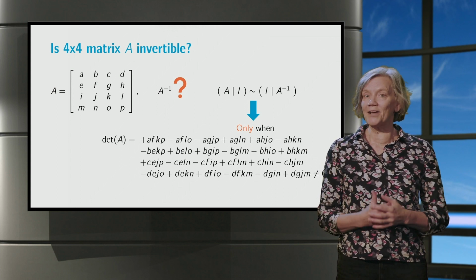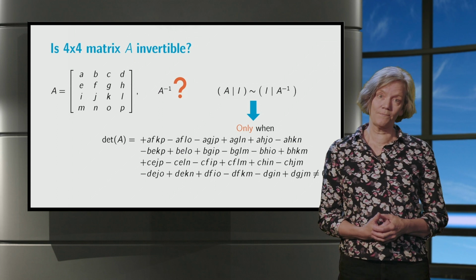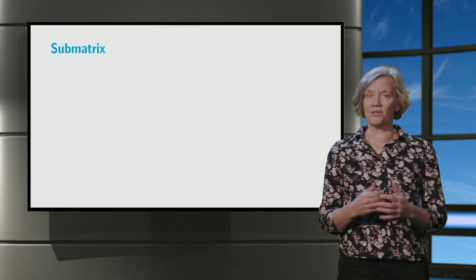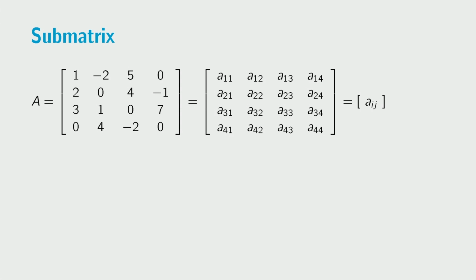To define a cofactor, we need 2 more concepts. The first is submatrix. This 4 by 4 matrix has 16 elements, usually denoted by A sub ij, where i denotes its row in matrix A and j its column.